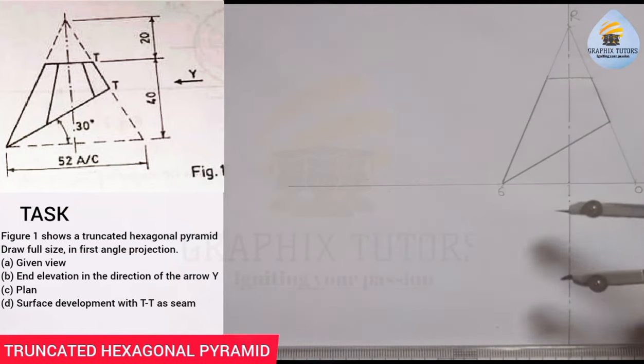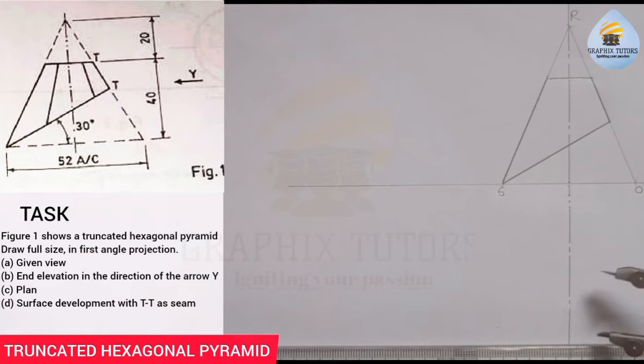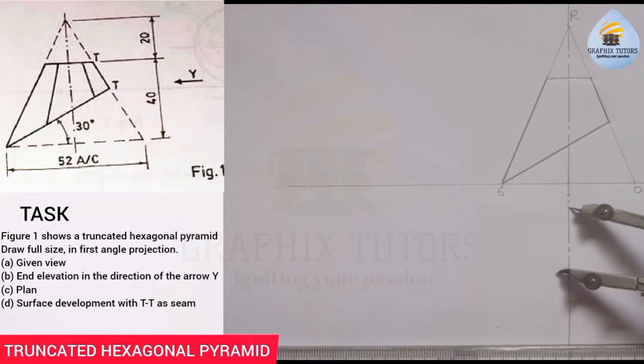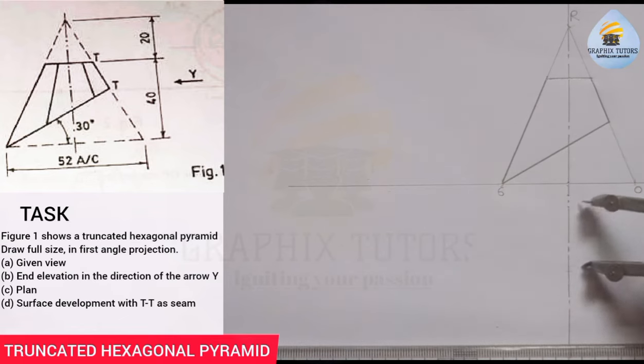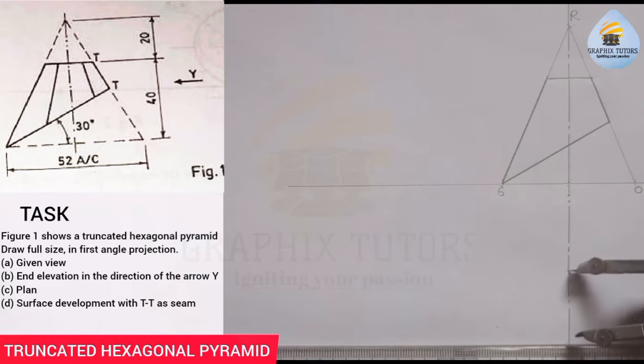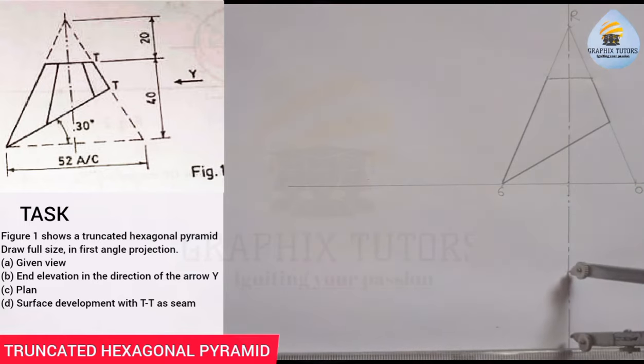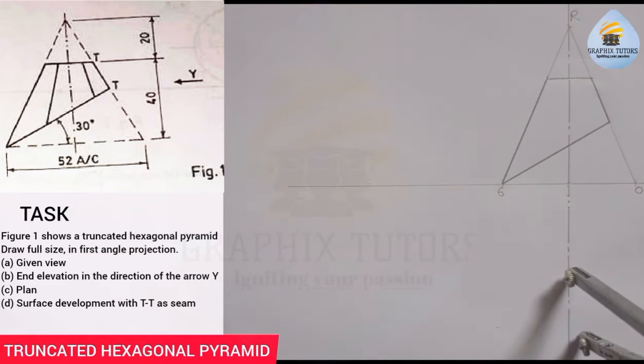I can place it anywhere on this vertical line, ensuring that my figure will not touch this horizontal line. If I place it here, I mark. This point will be the center of what I'm about to draw. So I will now draw a circle this way.